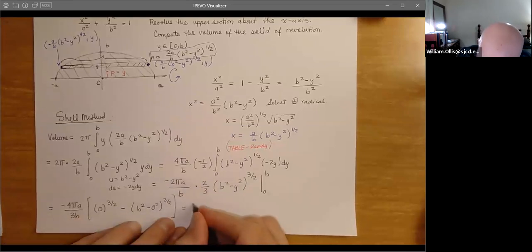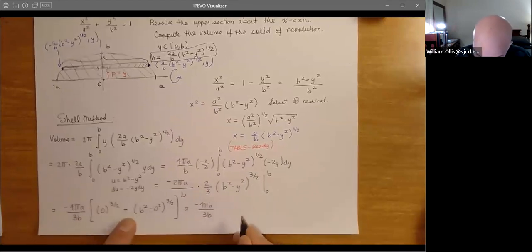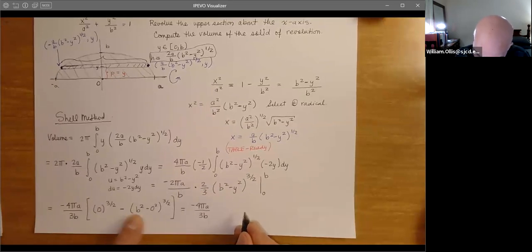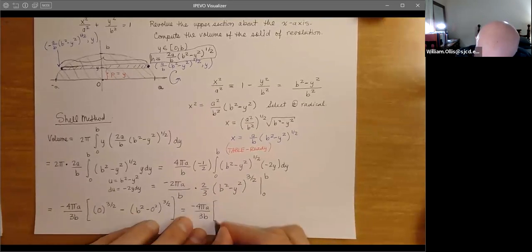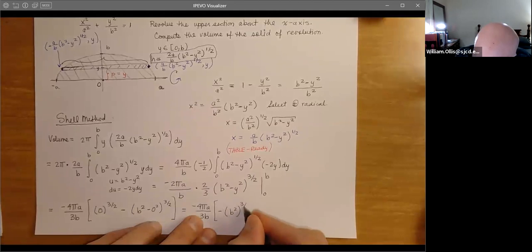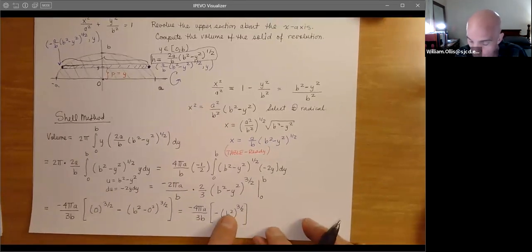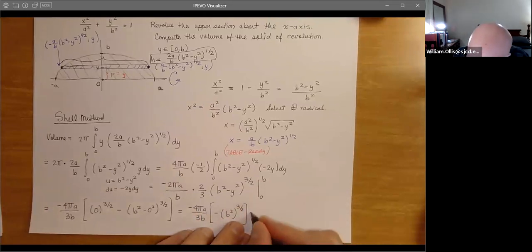So now we have negative 4 pi a over 3b. Now, of course, here, when we look at this, we have another negative. So we have the negative b squared to the 3/2. So, of course, now the 2's will absorb, and that gives us a b cubed, negative times negative. So we've got positive.